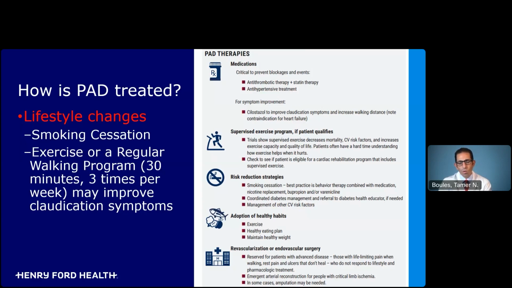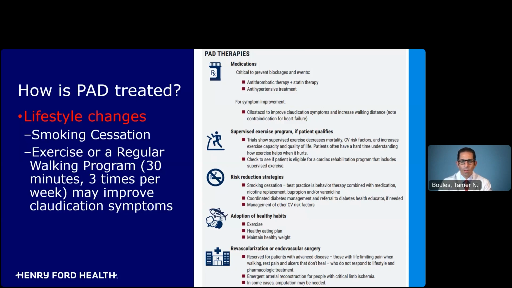Controlling other risk factors like high blood pressure and diabetes is very important as well. And I won't get into those too much, but as many of you know, there are medications available that really are doing a wonderful job of trying to control those risk factors for not only the sake of your heart, but for your arteries as well. There are medications that might actually help you walk a little longer distance.